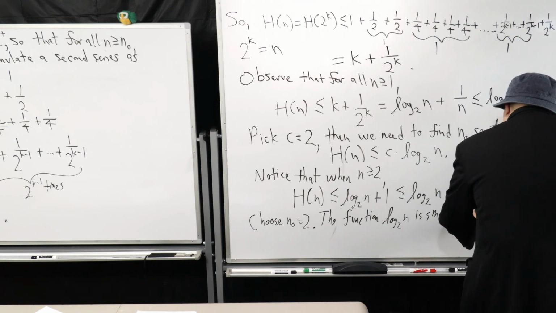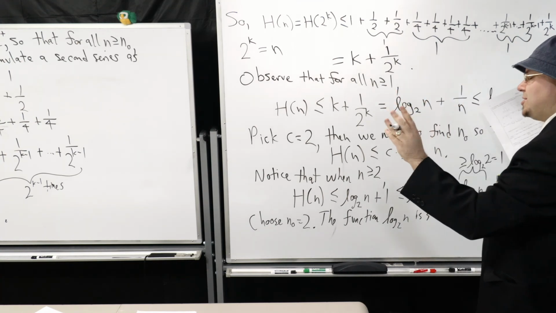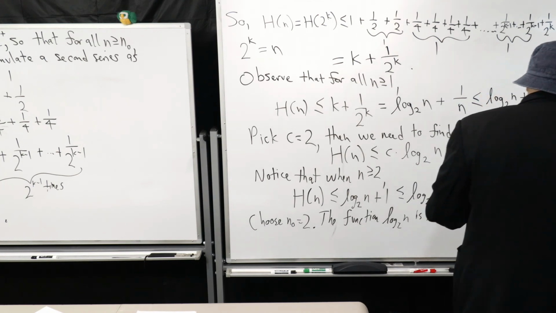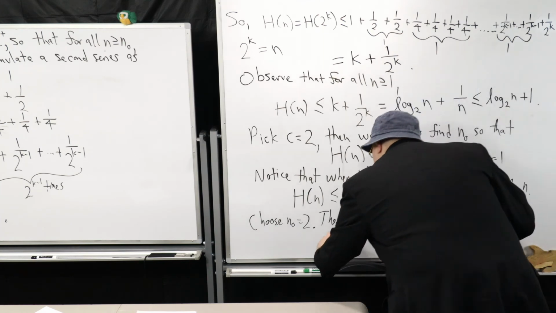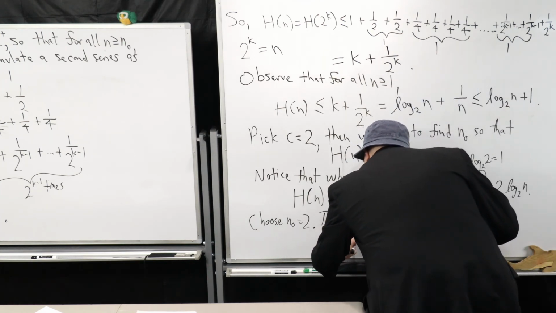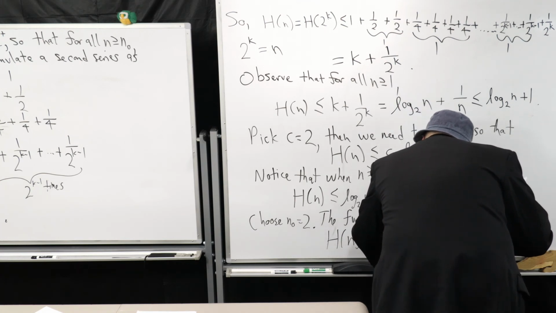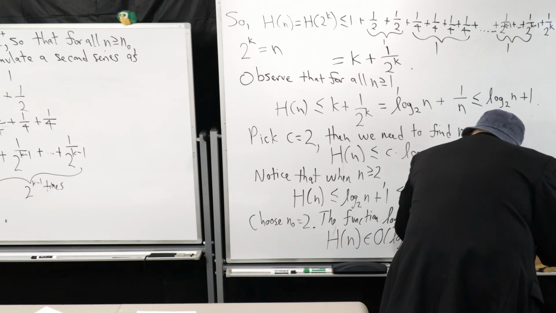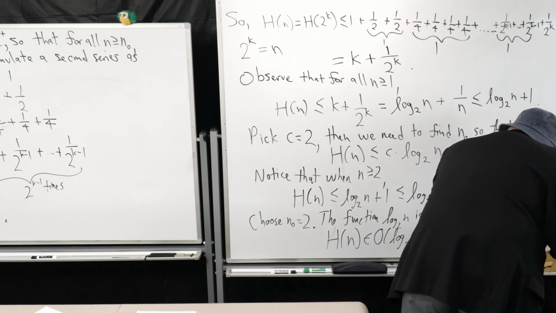Therefore, now this is where you could say by the smoothness rule, but I'm not going to do that. I prefer just invoking this property directly. Therefore, h of n is big O of log base 2 of n unconditionally. And we're done.